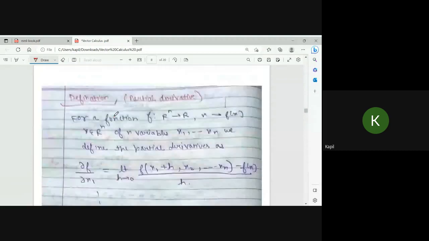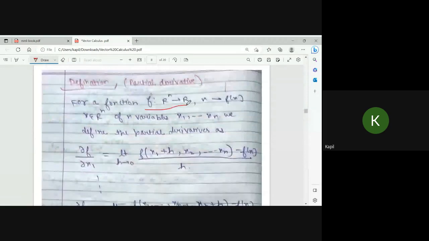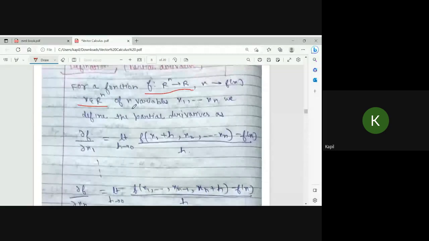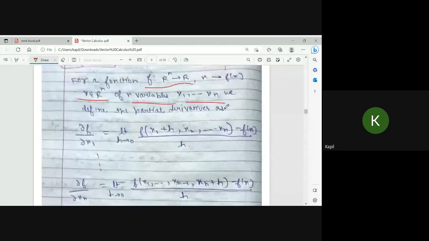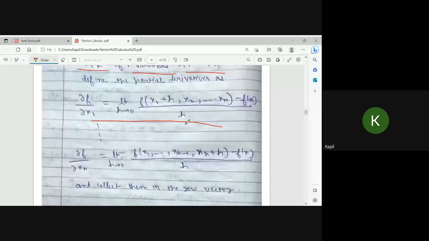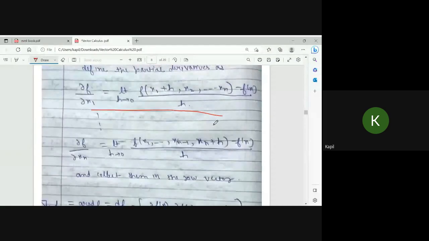Now consider a function f from R to the power n to R, where our domain is multivariable and its dimension is n. So x belongs to R to the power n, with n variables x1 to xn. Then we can find the partial derivative of the function with respect to each variable from x1 to xn using the formulas we have seen in derivatives, and collect them in a row vector.